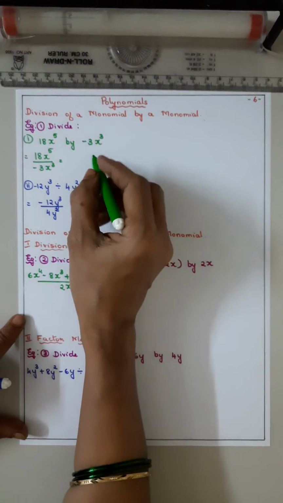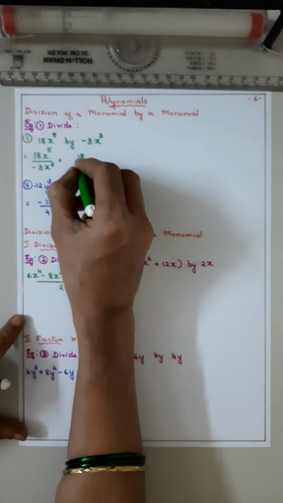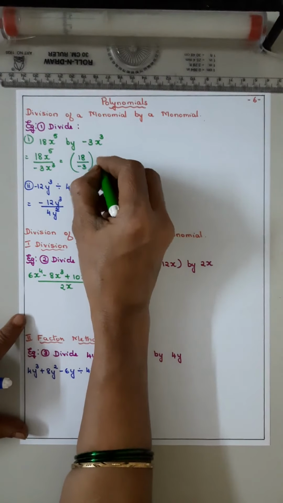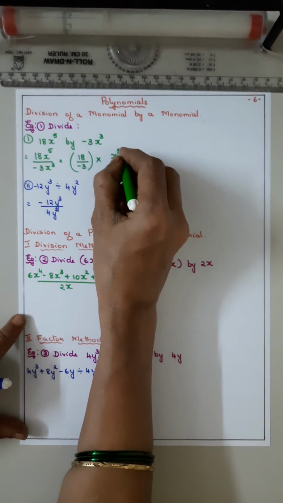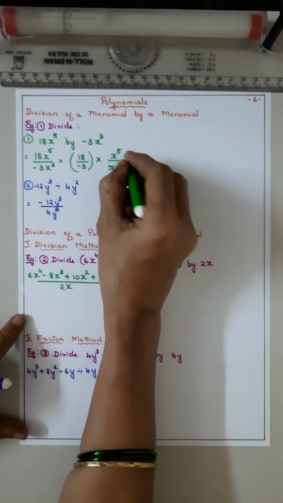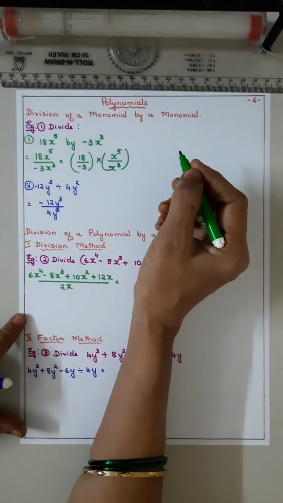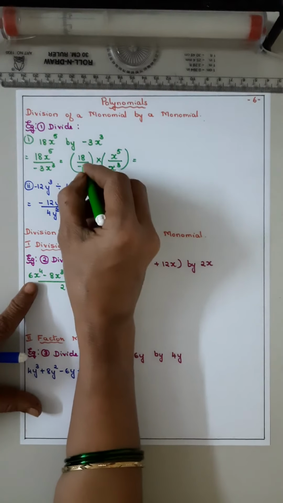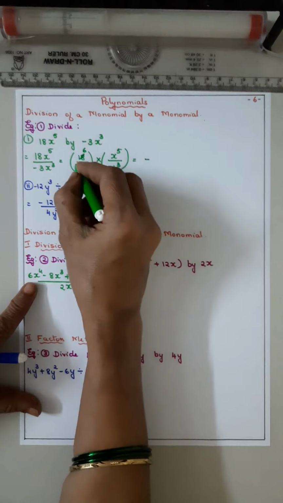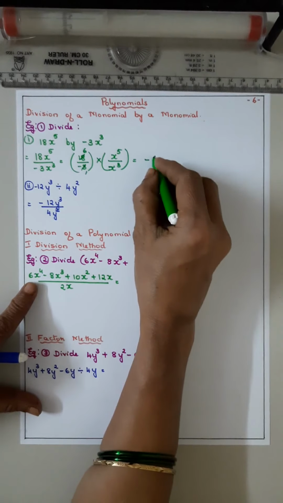Now you will be dividing numbers. Write it separately and then the variable. So separate the constant and the variable. Now 3 ones are 3, 3 sixes are 18. So you got minus 6.